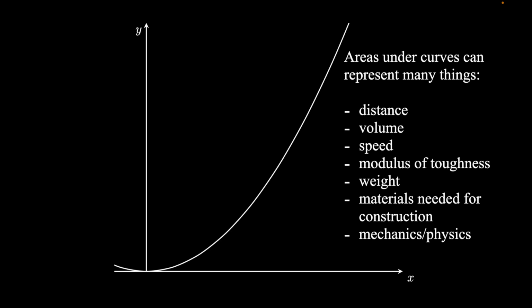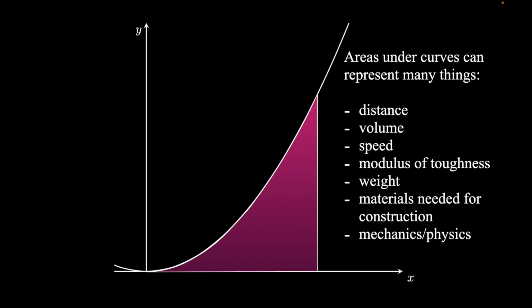Okay, so why do we care about areas under graphs, areas under curves? Well, apart from it being an interesting brain teaser by itself, we use areas under curves to represent many things. They could be distance. If we graphed speed, the area under a speed time graph is distance. You can use integration to find volume.